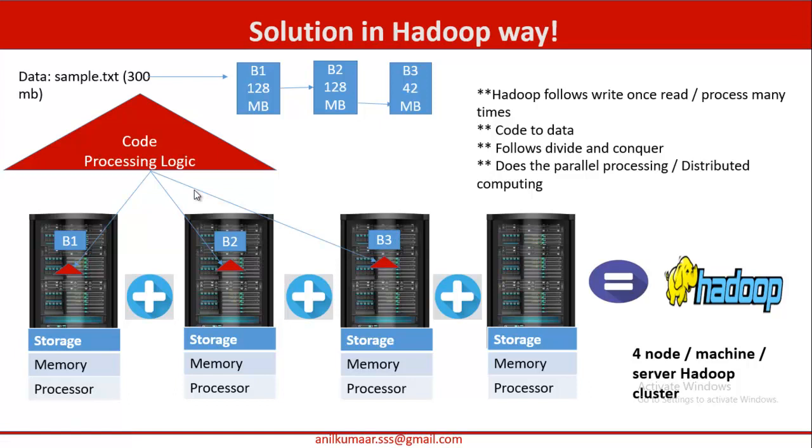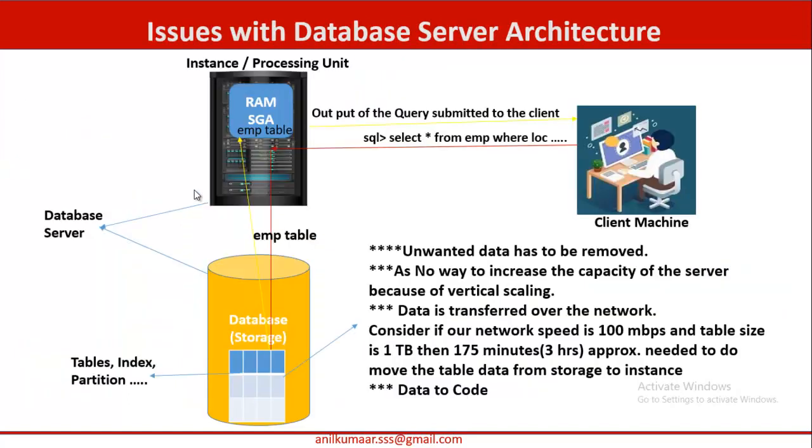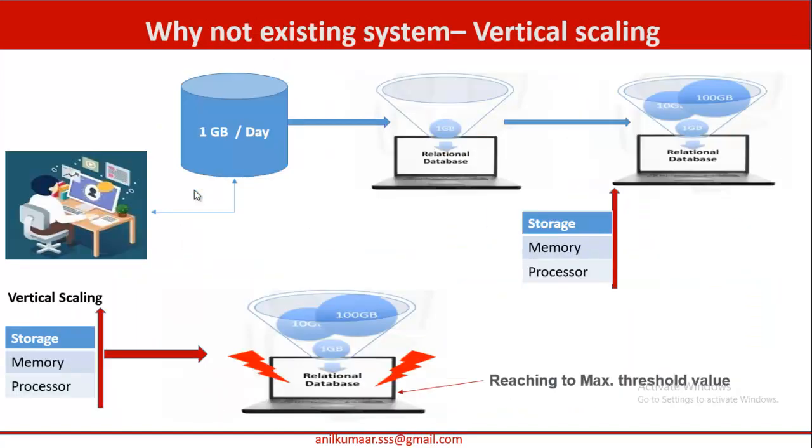Once that is with you, you start a reducer, and by the reducer you'll get the final result. I will explain how it happens with a simple example in my next session.